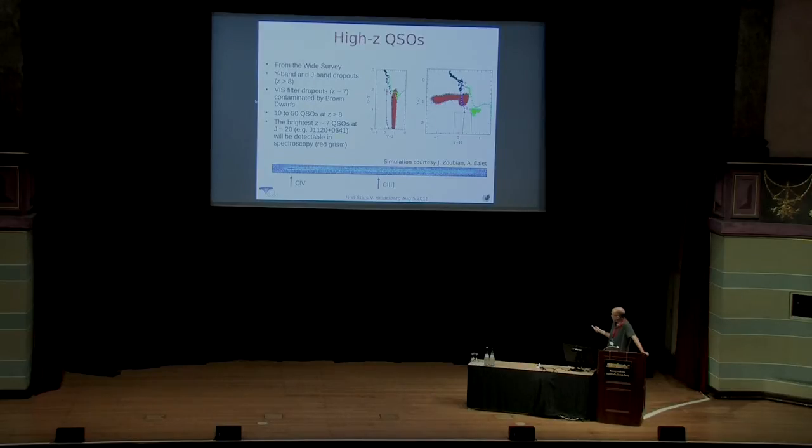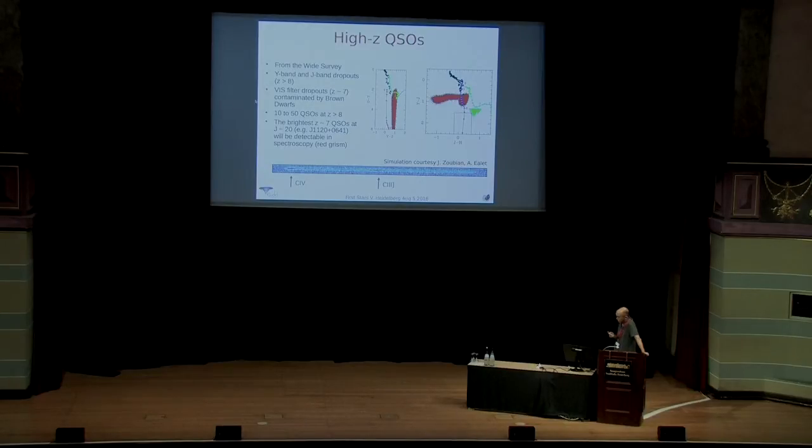And at redshift 7, the brightest quasars will be found directly from the spectroscopic data, okay? But again, they will be very hard to isolate from the photometric data. So this is a simulation of the redshift 7 quasar, the Mortlock quasar, which has been done here.